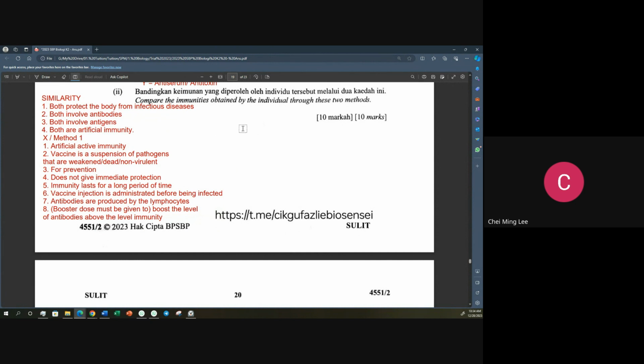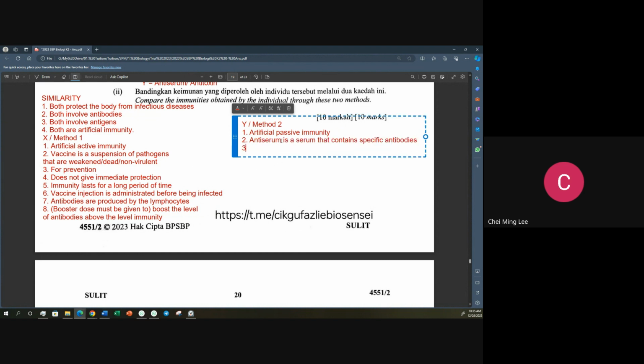So now for method two, or we say Y, it is an artificial passive immunity. Anti-serum is actually those with specific antibodies.